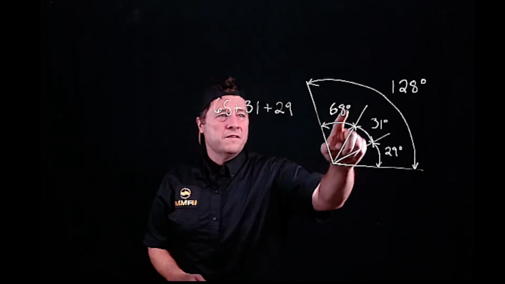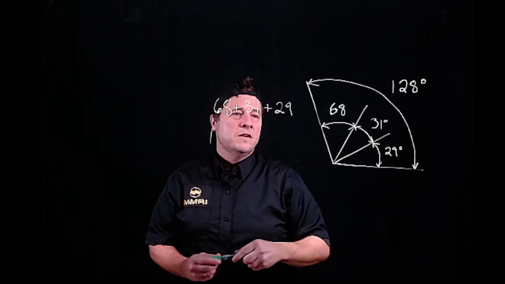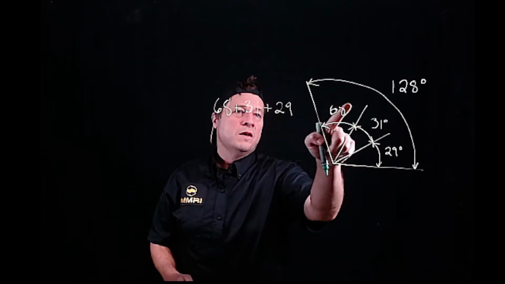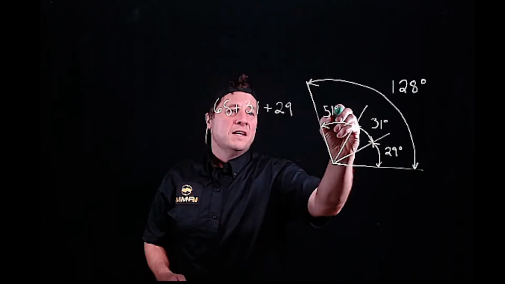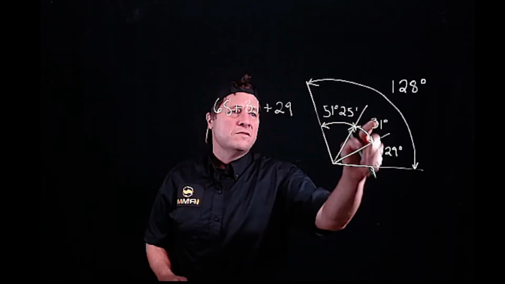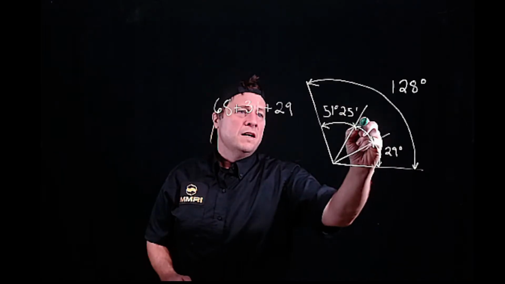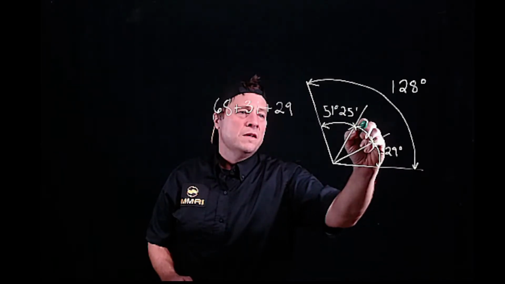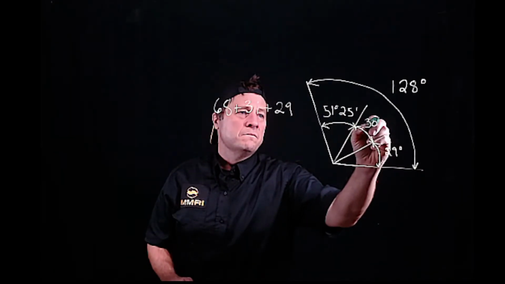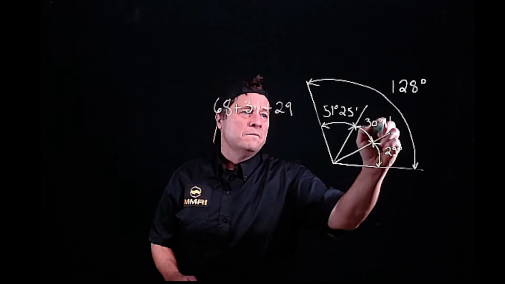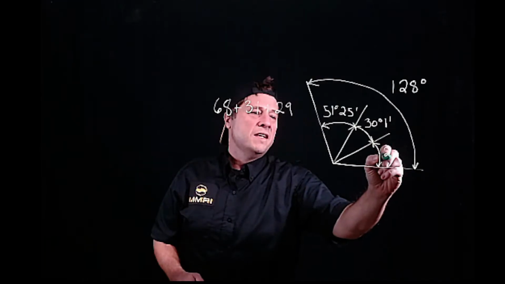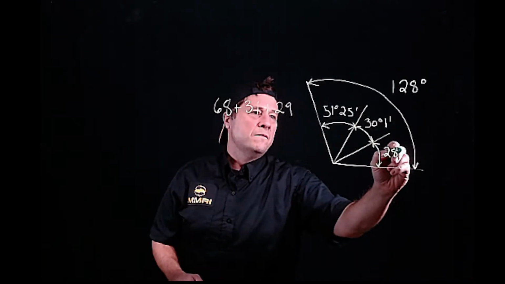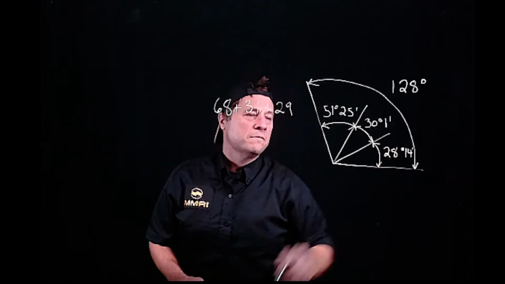Now, what if the dimensions here were, we'll just change these, let's say 51 degrees and 25 minutes. Let's call this 30 degrees and 1 minute, and 28 degrees and 14 minutes.